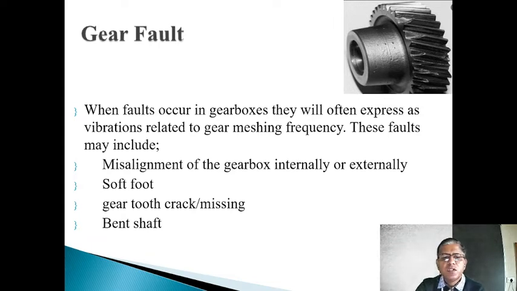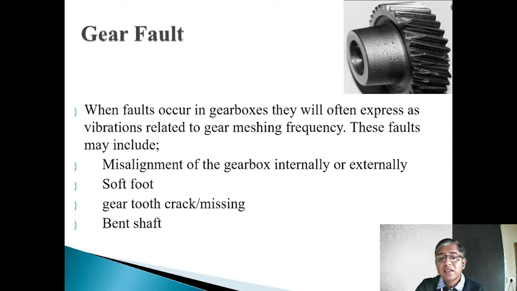The principal causes of gear failures are misalignment of the gearbox internally and externally. Then soft foot. Soft foot is basically the foundation errors. If the foundation is not properly even, if the foundation bolts are not tightened properly, then such problems are called soft foot.